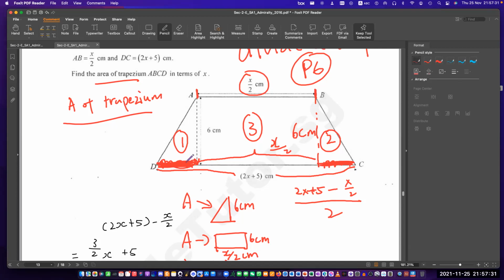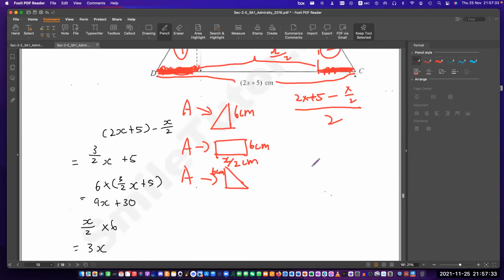So once you have this, then you just, yeah. So your this part is this. This part is also this. Let me just write it down. Okay, so then with this, you can continue to find out the area of the first triangle, then the rectangle, and then the third triangle.